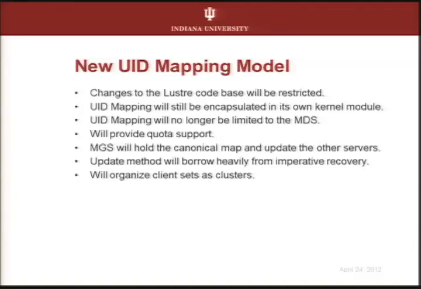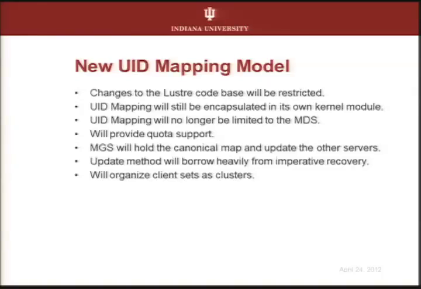This necessitates us to do UID mapping on the OSS nodes as well. Apart from that, the management server is going to hold the canonical copy of the map and update the MDS and the OSS servers with the current map and keep everything in sync so that no one's infringing on someone else's quota should that ever come up.